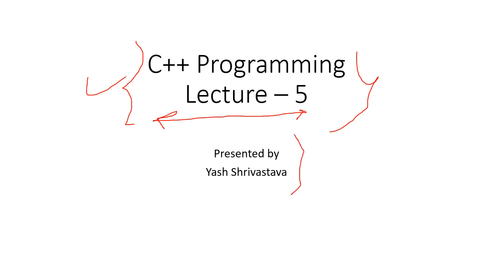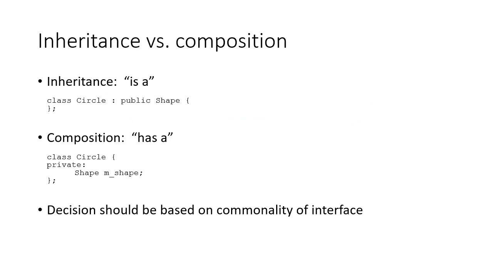So this is Srivastava, going to start our fifth lecture in C++ programming. Now we will be talking about inheritance versus composition. These are two different things. Inheritance is written here: class circle.